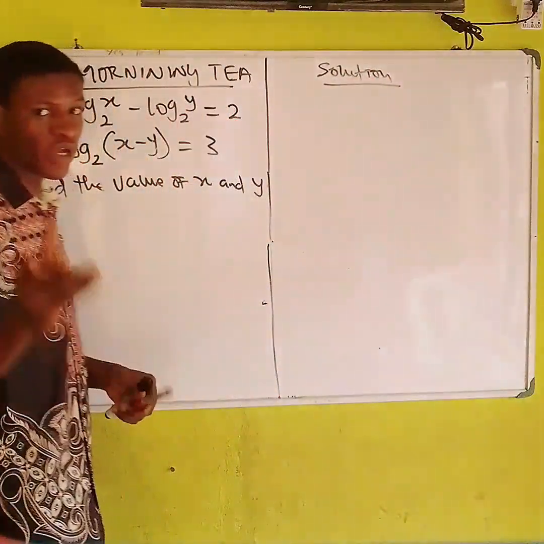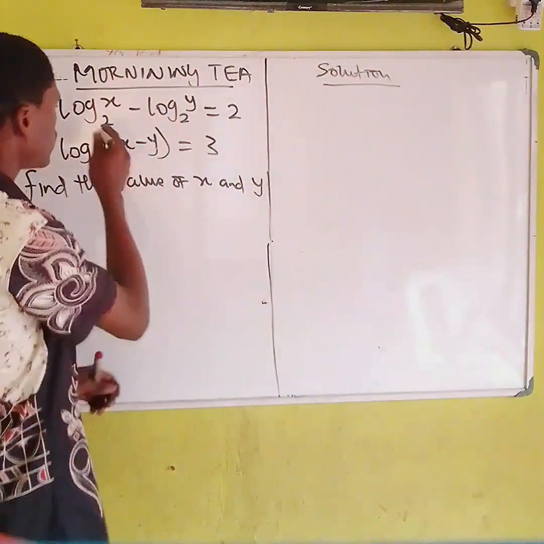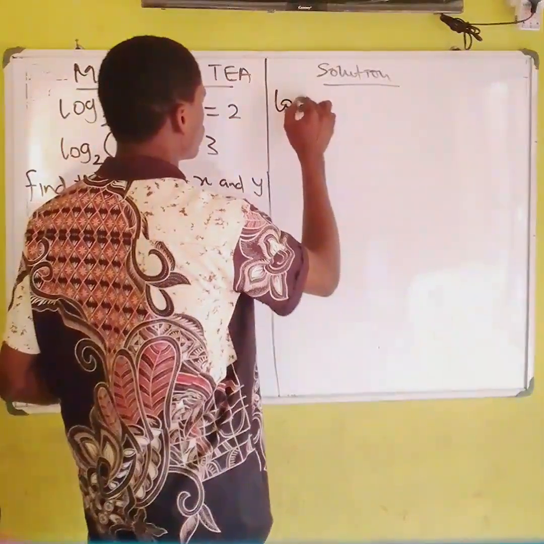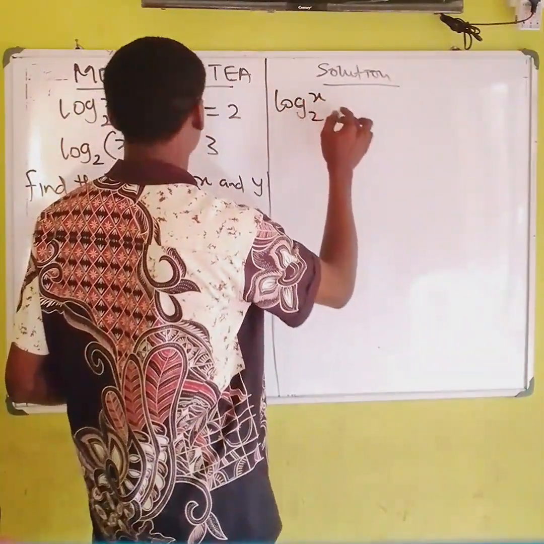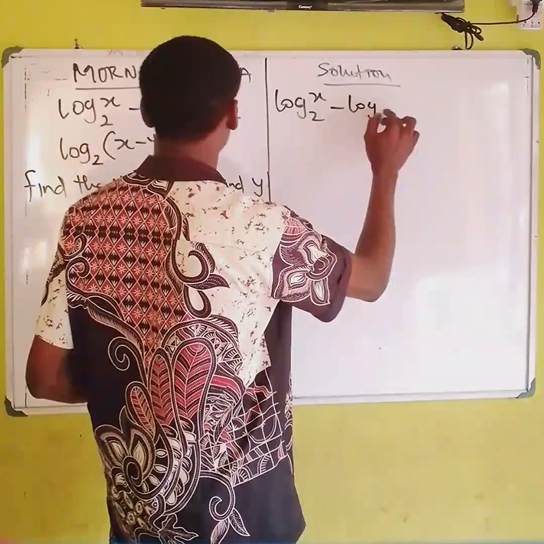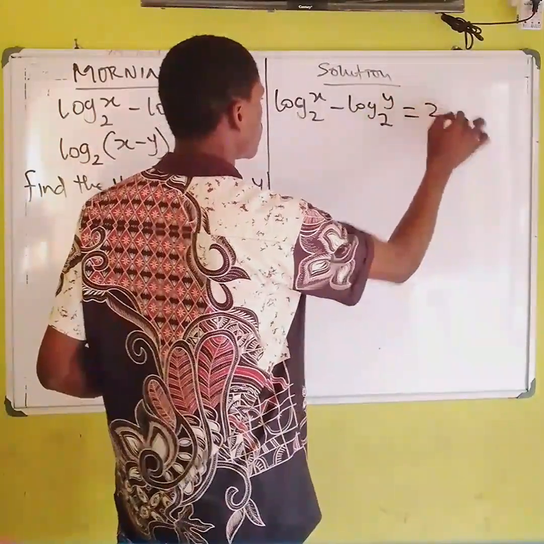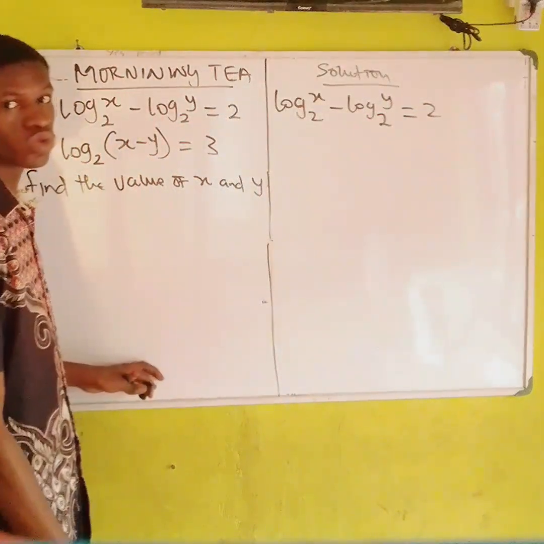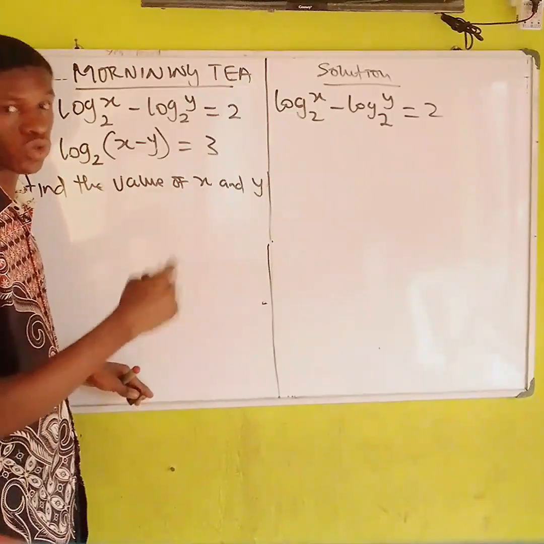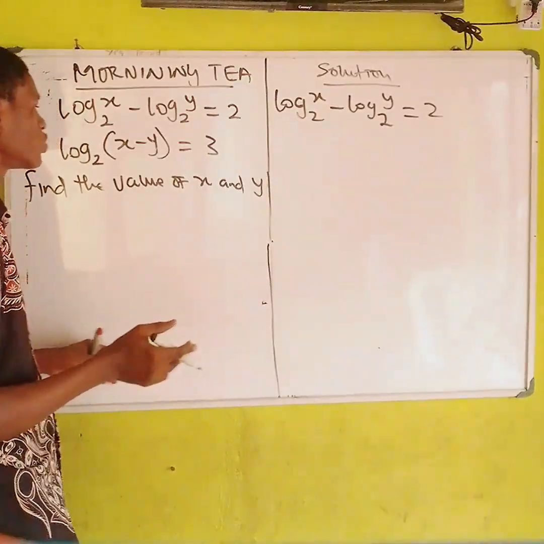So, if I take note of my solution, log base 2 of x minus log base 2 of y is equal to 2.